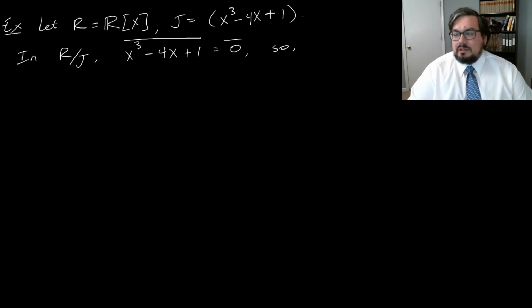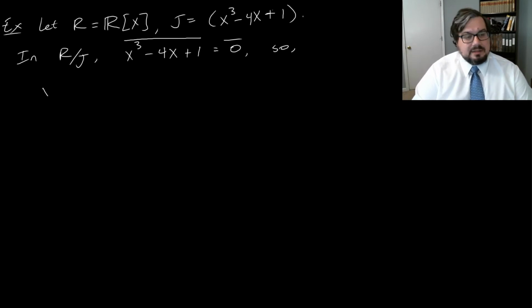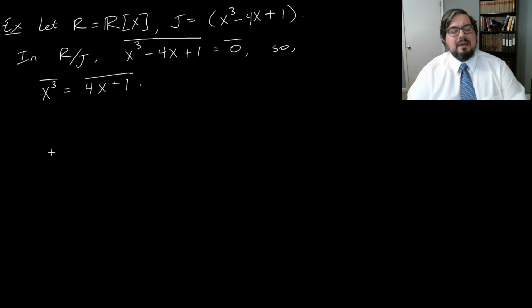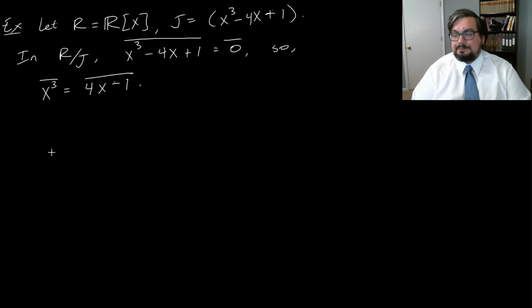So in particular, this means that the equivalence class of x cubed is equal to the equivalence class of 4x minus 1. And that means that anytime we see x cubed in the ring R mod J, we can replace it with 4x minus 1.